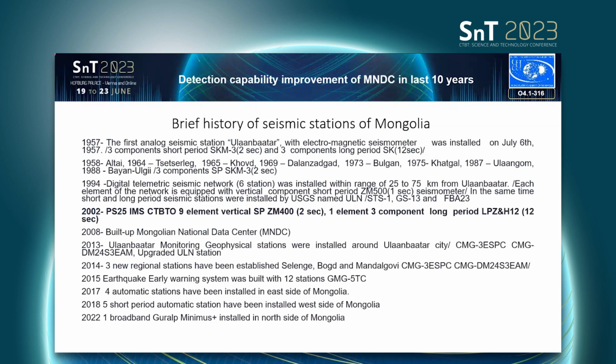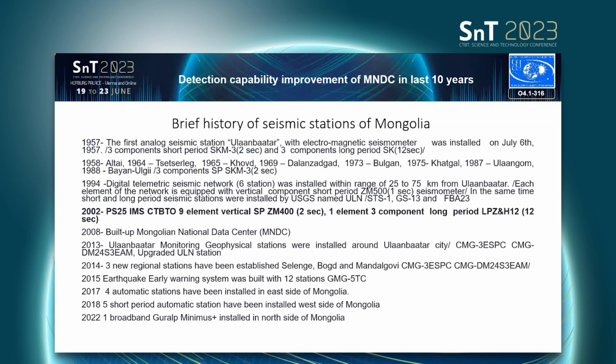After that, from 1958 to 1988, 7 more paper-based analog stations were installed, helped by Russians. Then the first digital station was installed in 1994, around the Ulaanbaatar area, between 25 and 75 kilometers from Ulaanbaatar, helped by French colleagues.